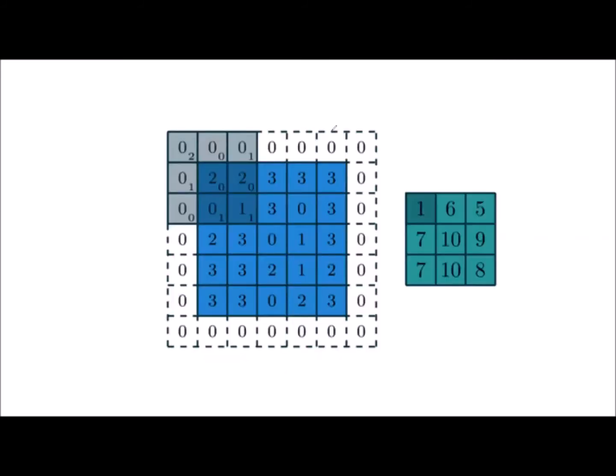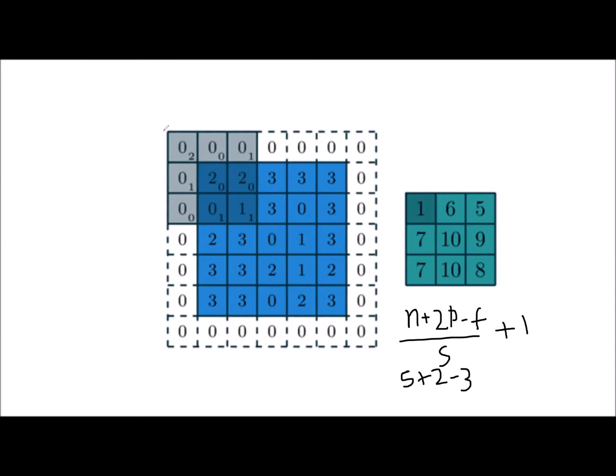Here we have applied padding also. So (n plus 2p minus f) by s plus 1. n is a 5 by 5 matrix, so n is 5 plus 2p, which is 2, because we have added one outermost layer of padding, and f, the filter size, is 3.